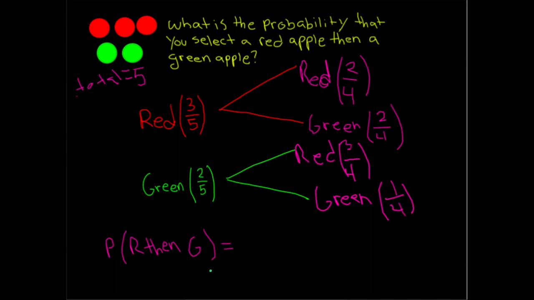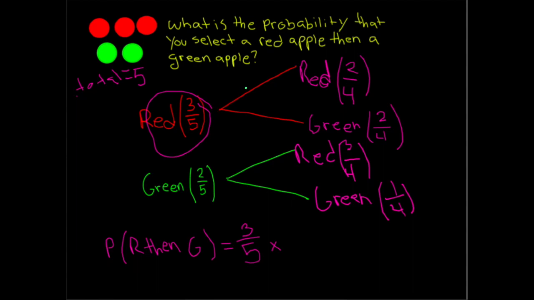All right, so the probability of red then green, well, we want to say, what was the probability that we get red first, right? Probability that we get red first was 3/5. So we have 3/5 times the probability that we then get green.